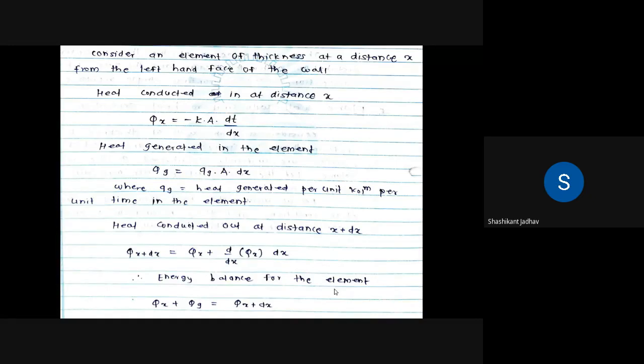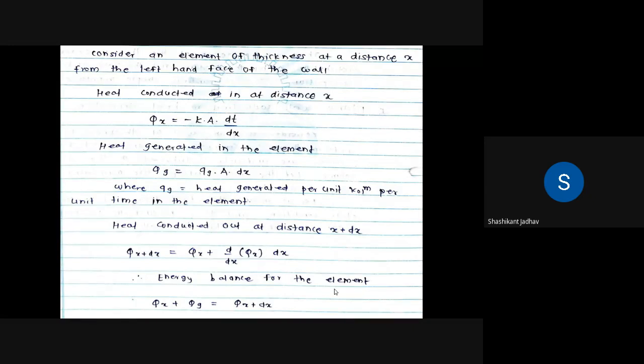From the right-hand face of the element, how much heat is conducted out, that is qx plus dx, because the total distance is x plus dx. So we have to consider the total heat conducted out at a distance x plus dx, that is qx plus dx. By Taylor series expansion, we already wrote this equation for the general heat conduction equation in the Cartesian coordinate system.